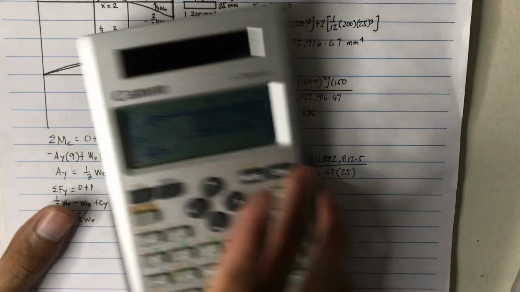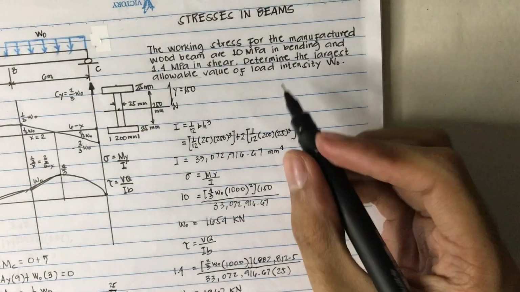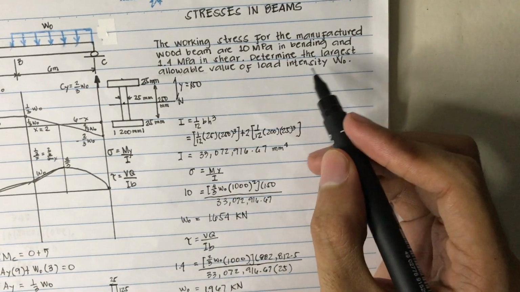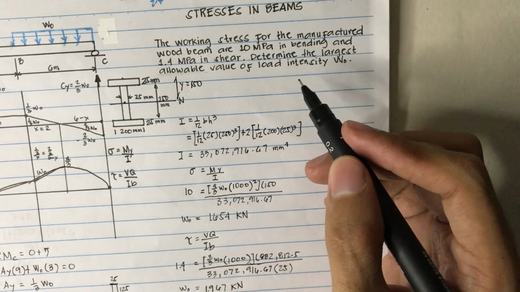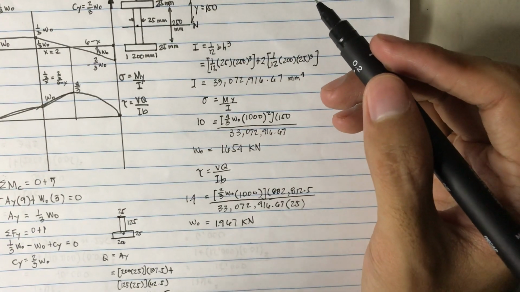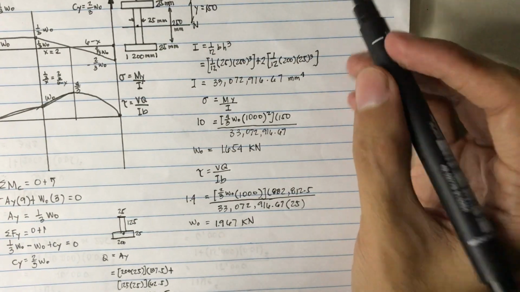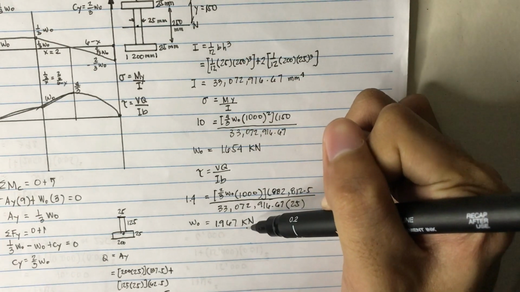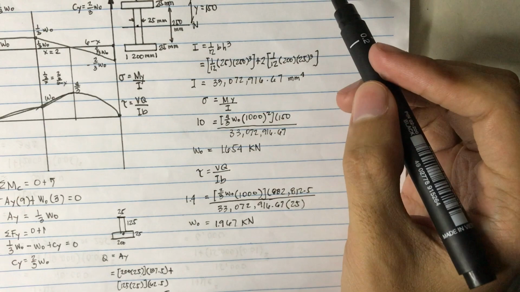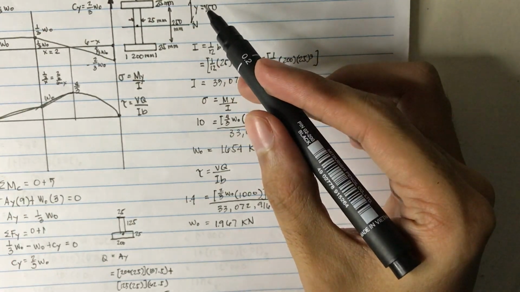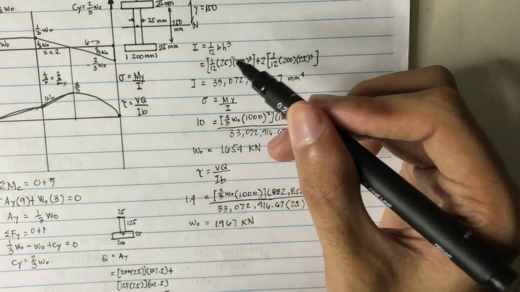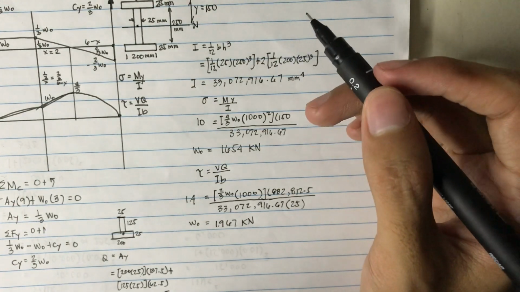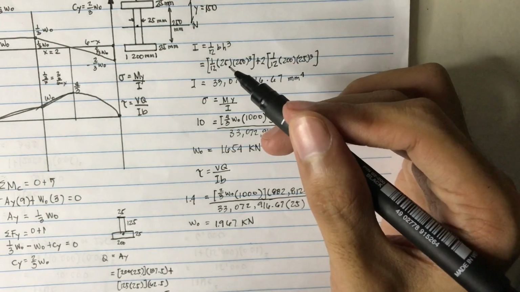kilonewtons. So we were asked nga determine the largest allowable value of load. So it doesn't mean nga kung largest allowable is 1.967 imong pilion. Kung largest allowable means mo ang pinaka-safe nga load. So kung mas gamay ang load, mas safe.